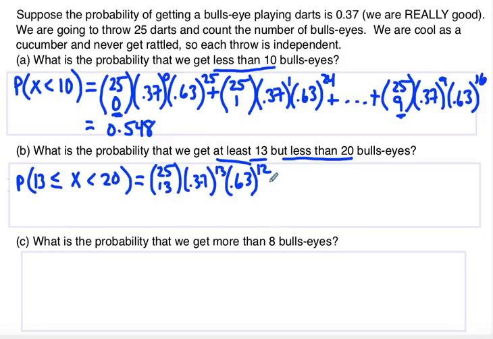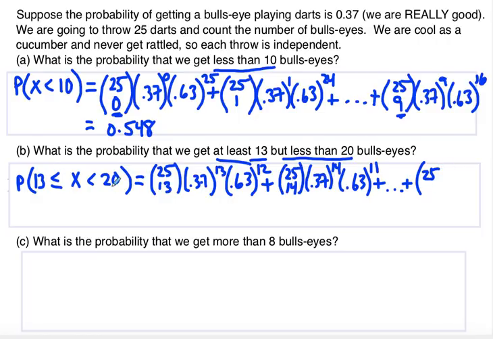So 12. Plus, the next one would be 25, choose 14. 0.37 to the 14. 0.63 to the 25 minus 14. Which would be 11. Plus, dot, dot, dot, plus the last one, 25.